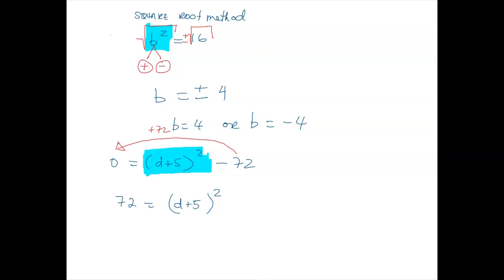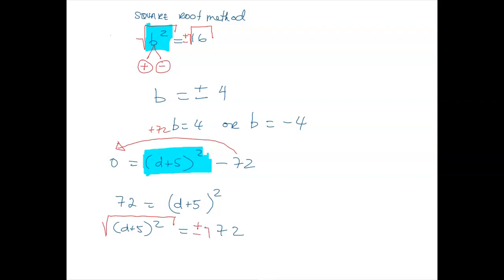Now we're going to do exactly the same thing as we did before. If you feel more comfortable, you can rewrite it as (d plus 5) squared equal to 72. It's the same thing. We know it is (d plus 5) to the second power, so I want to take the square root. Let's square root this, and let's not forget the plus and the minus, because we know we're going to have two answers.